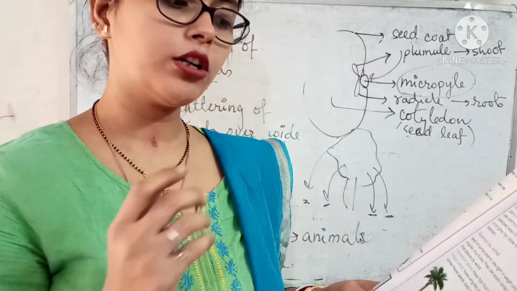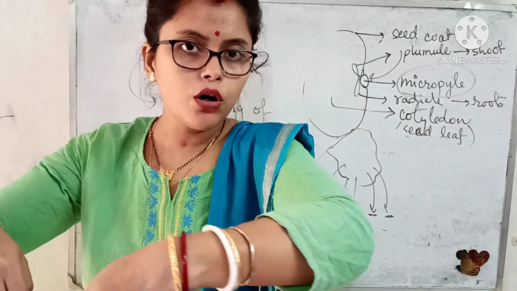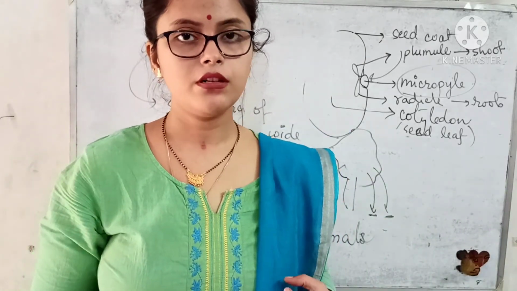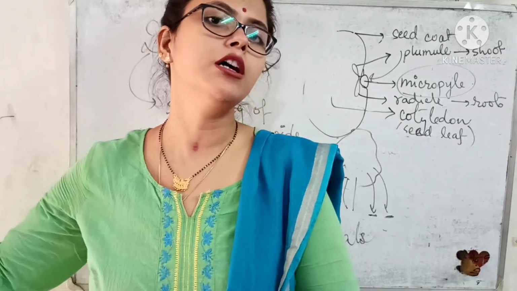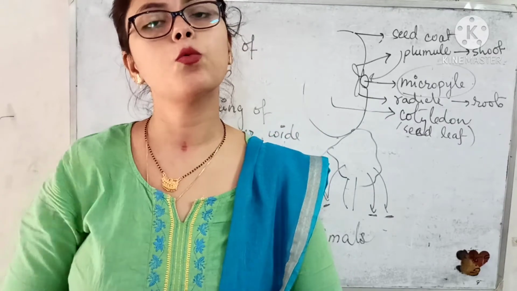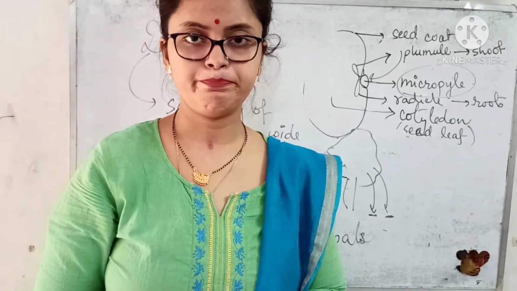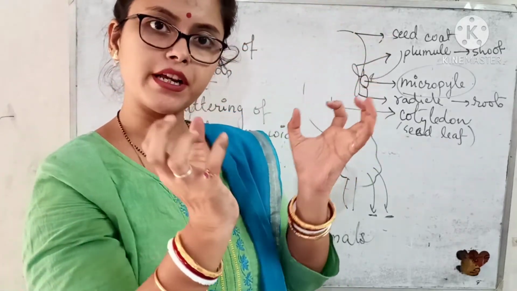Now, dispersal by water, that is especially the trees that grow along the coastline. The seeds of those plants get dispersed from one place to another by the flowing water. The very common example is coconut palm. The seeds of the coconut have a fibrous covering.